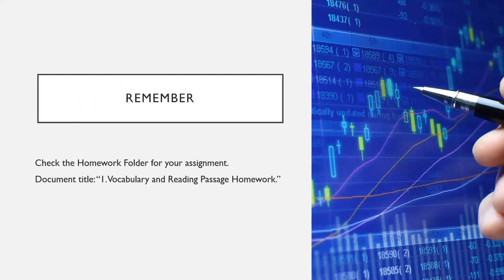So please check for your homework in the homework folder, and the document is titled 1, Vocabulary and Reading Passage Homework. Again, I do not mind how you decide to do your homework. Either you can edit the document and re-upload it, or you can write on paper and take pictures and upload. As long as you complete the work, write your nickname and your student ID, I will be very happy, okay?